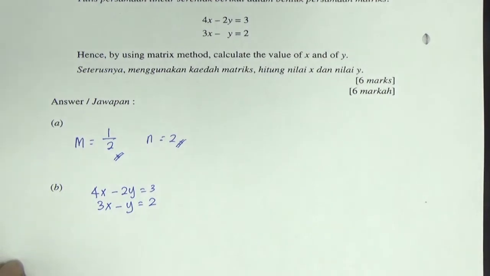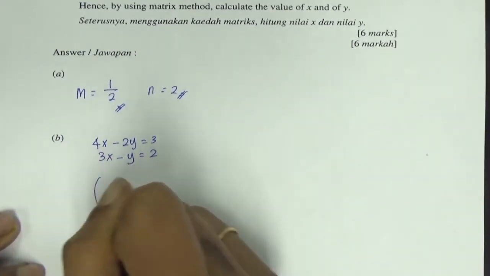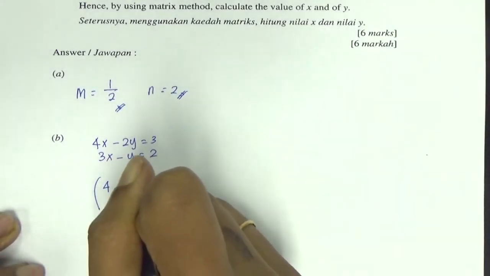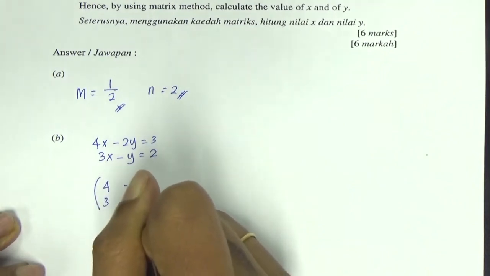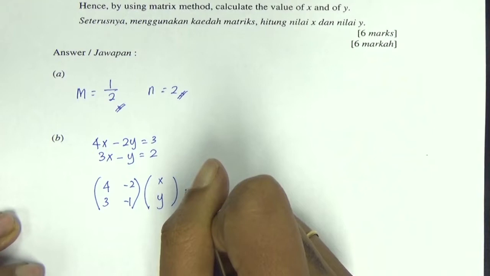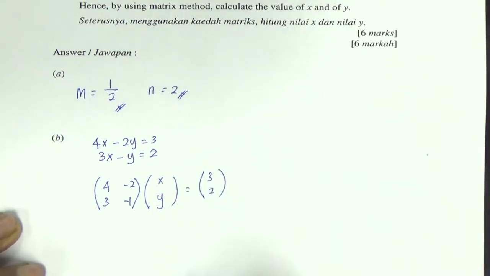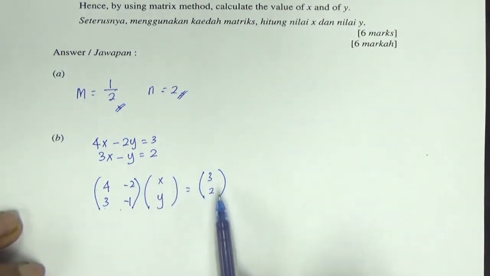What we can do is write down the equation in matrix form: 4, negative 2, 3, negative 1, times x, y, equals 3, 2.